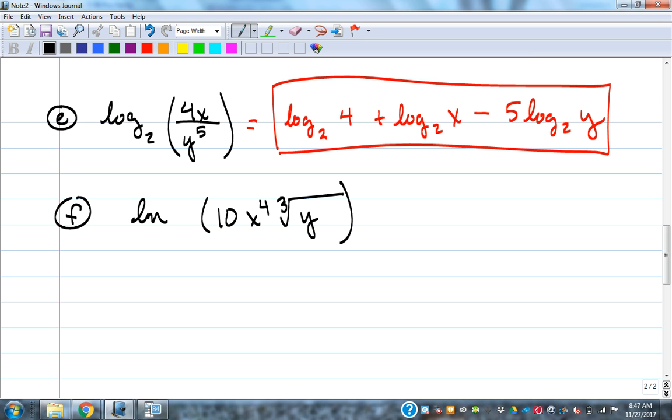Maybe. But what operation is between the 10, the x to the fourth, and the cube root of y? It's all multiplication. So we know it all is going to turn into addition, right? So we know that it's going to come out to be natural log of 10 plus, what about the x to the fourth? Can we do something with the 4 exponent?